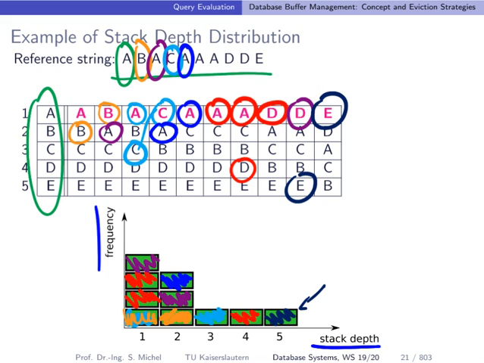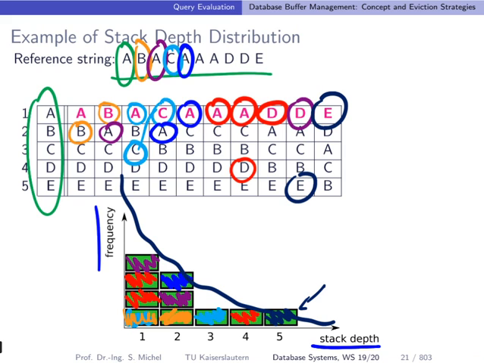So in the end, this reference string, together with the initial content of the stack, gives us our stack depth distribution. Of course, only for this little toy data, but if you do this for very many reference strings and look at the distribution, as we have seen on the previous slide, it can tell us how effective an LRU buffer of a certain size would be.